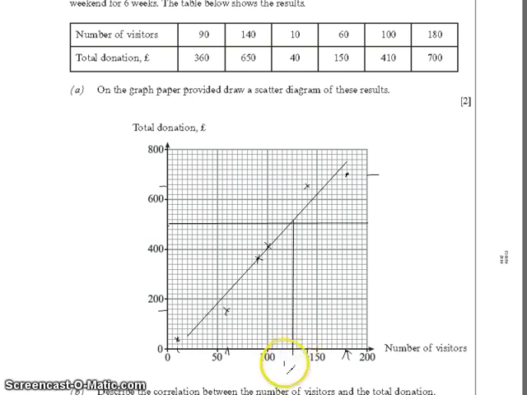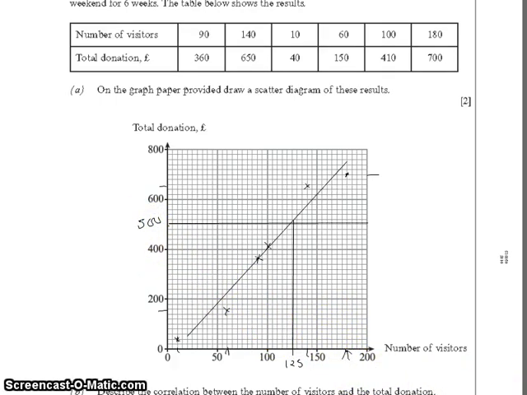Probably there. It's going to be between 100 and 150. 1, 2, 3. 1, 2, 3, 4, 5. 125 that looks like to me. Let's just mark it on the graph then.